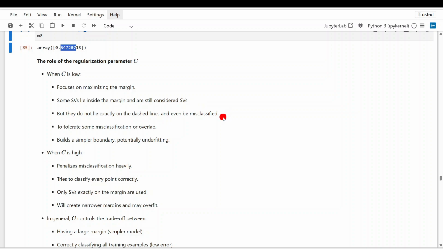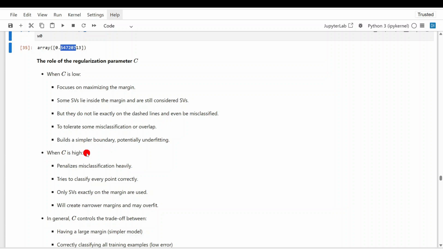So when C is low, there is some tolerable error to consider some misclassification or overlap. The decision boundary is somewhat simple, or if it is extremely low, the decision boundary could be underfitting, or the model could be underfitting.